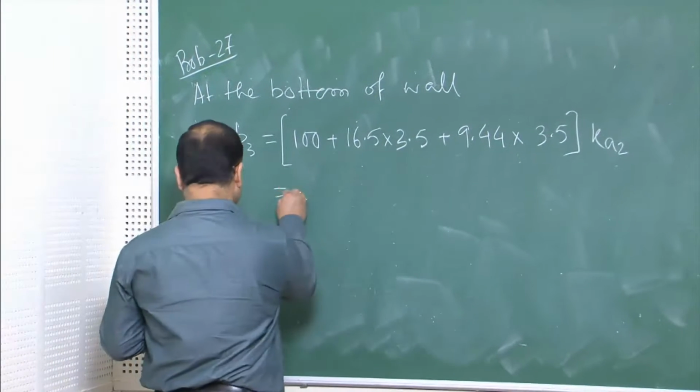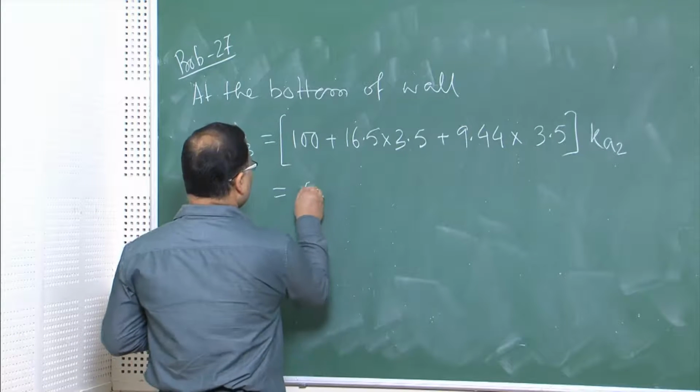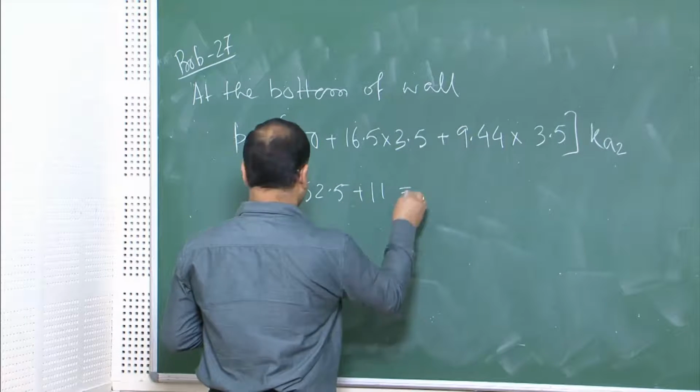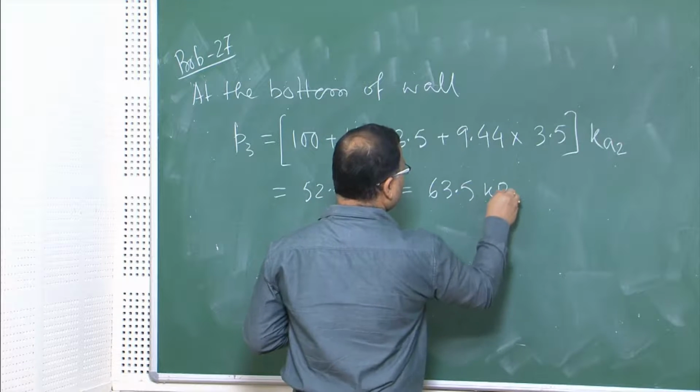If you put the values, you will be getting P3 equal to 52.5 plus 11 equal to 63.5 kPa.